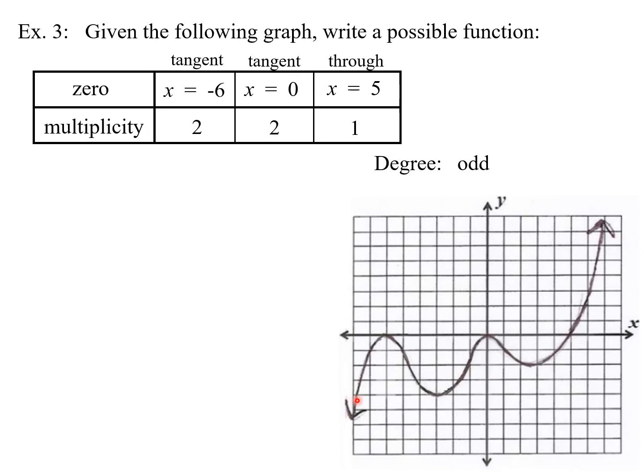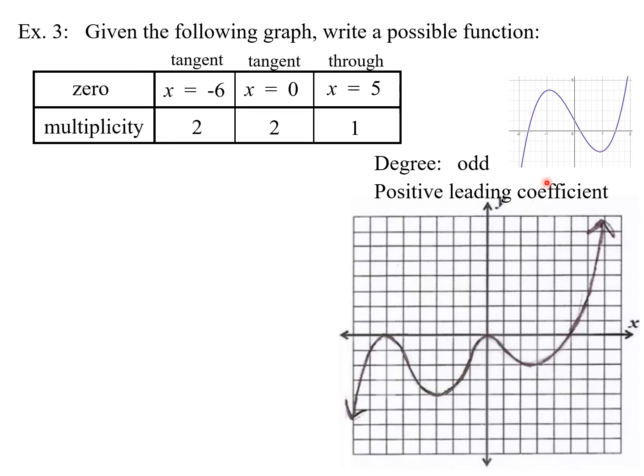Okay, so that's going to be of odd degree. All right, and because it's shaped like this, the end behavior matches up with one that has a positive leading coefficient. So I know that the leading coefficient is positive by the general shape of the given graph as compared to our known ones.